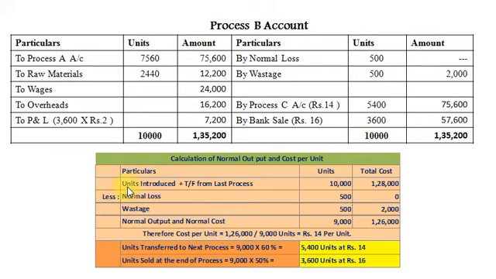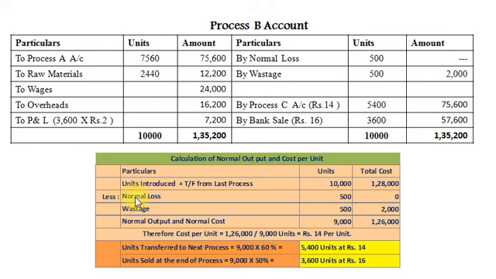Here is the working. Units introduced plus transfer from process A, 10,000 units with total cost 1,28,000, that is material 75,600 plus 12,200, wages 24,000 plus overhead 16,200.